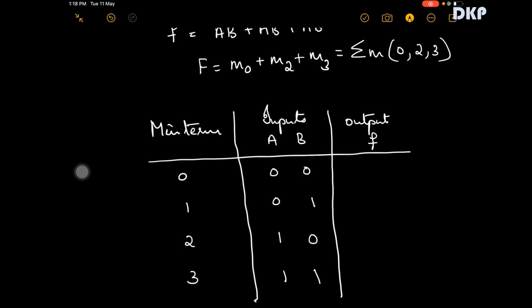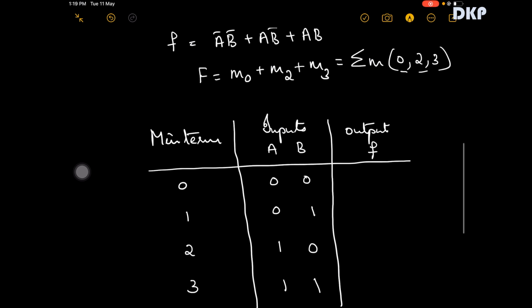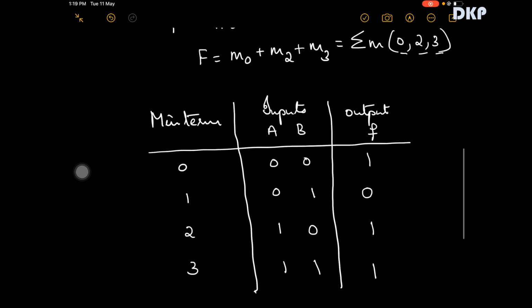Now, which minterms are present in the expression? We can see 0, 2 and 3 are present in the output. Therefore, mark the output as 1 for 0, 2 and 3, and whichever minterm is absent, we will give the output as 0. So this is the truth table.